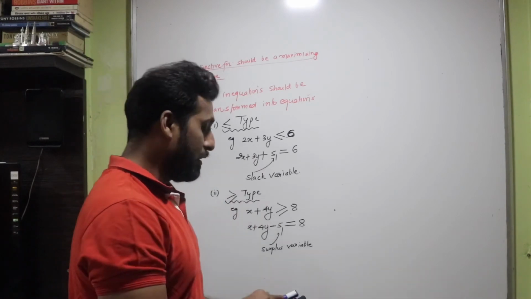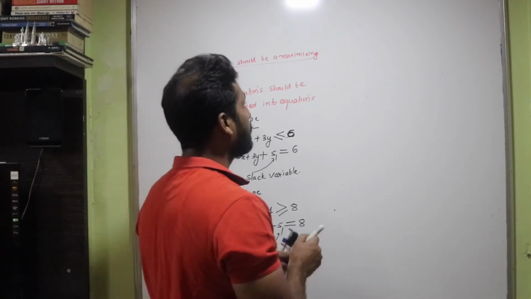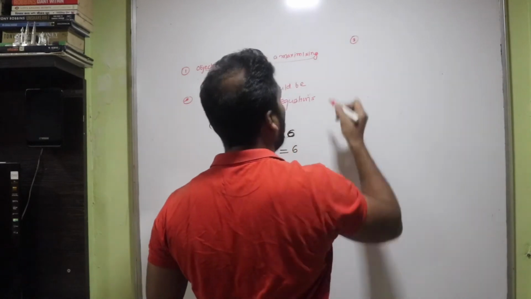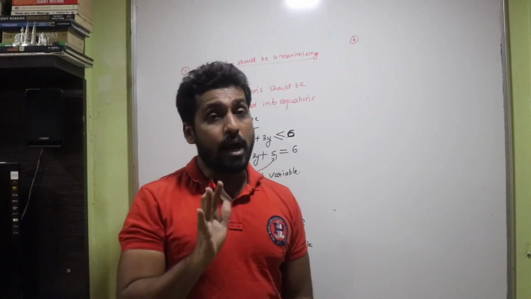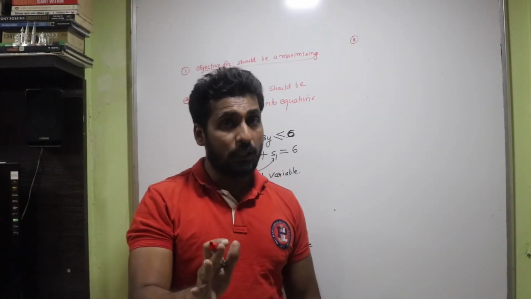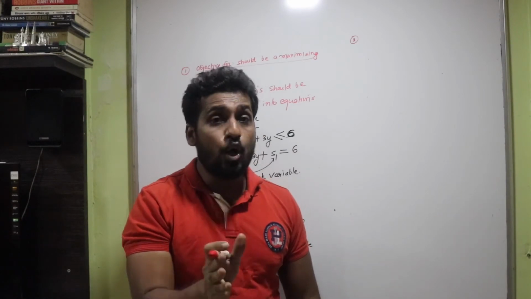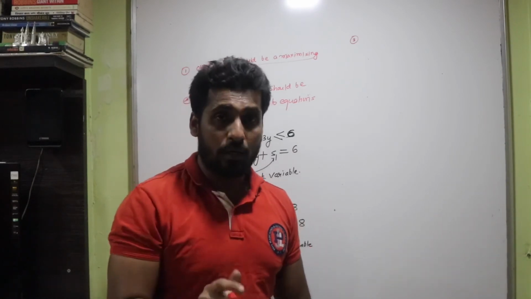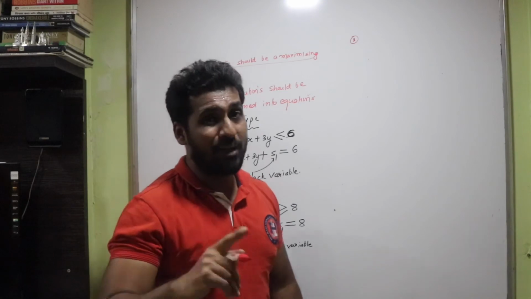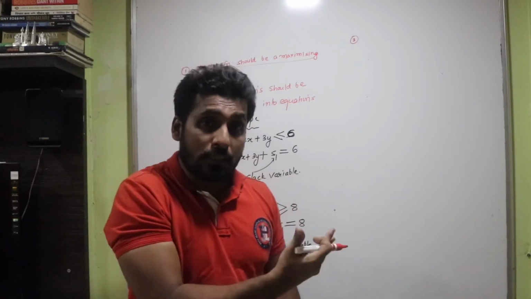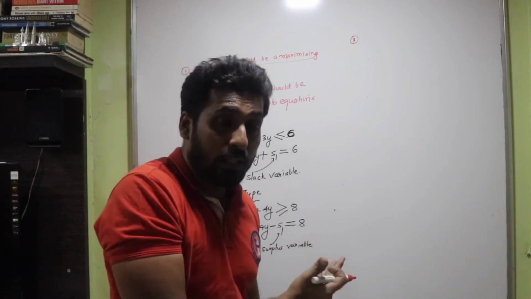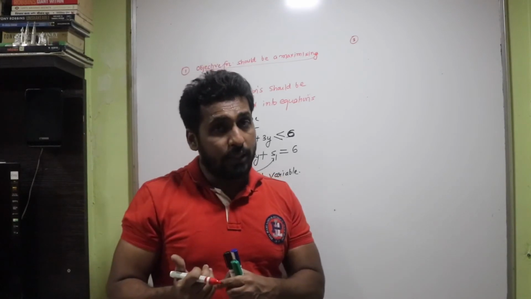The next point you should remember, the third one, is the right hand side of the inequation has to be a non-negative number. Listen to this statement very carefully. I said the right hand side of the inequation. So objective functions are the inequations.